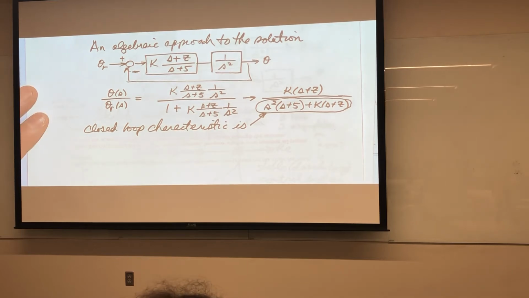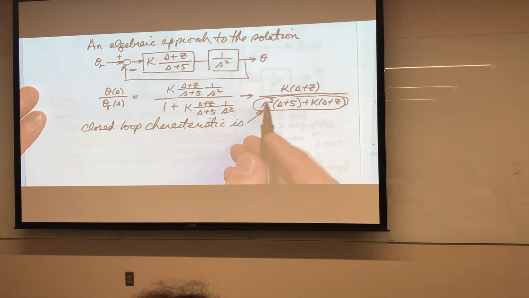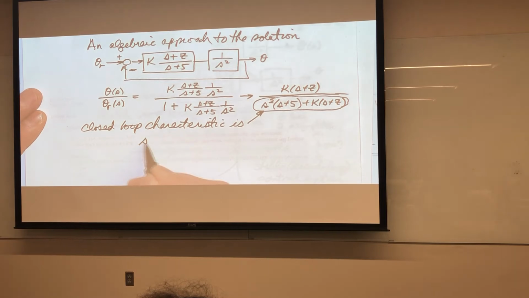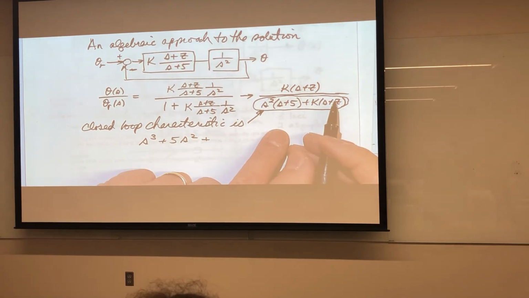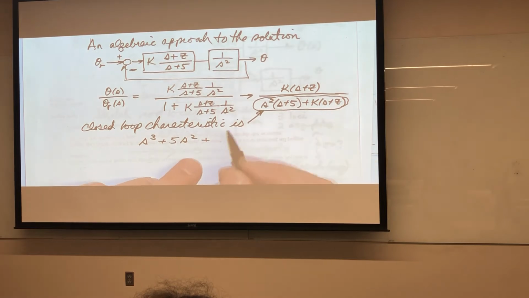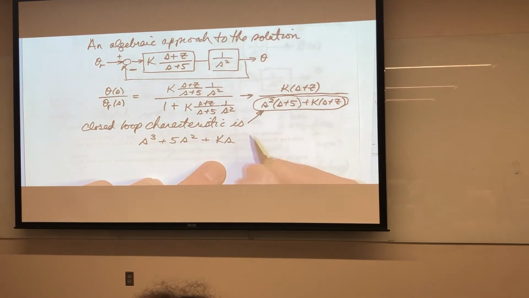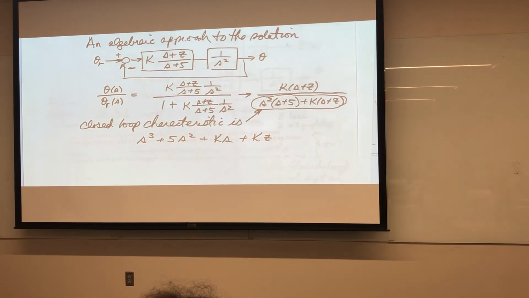Let me clean up the algebra a little bit. So we have s squared times s is s cubed. S squared times 5 is 5s squared. I have ks, and I have a kz. Somebody be checking my algebra, okay?